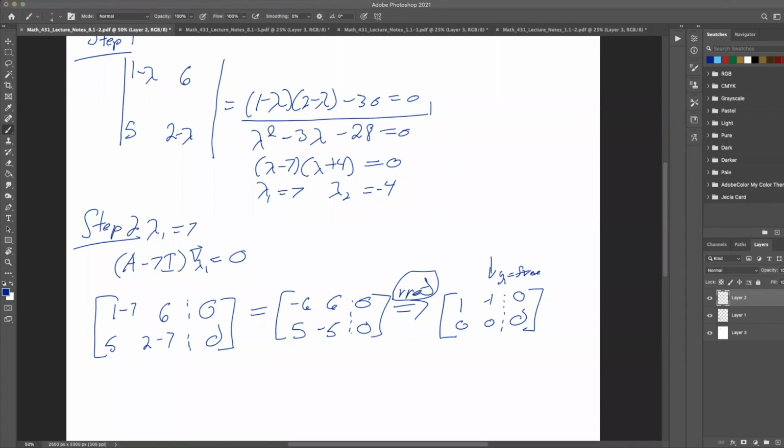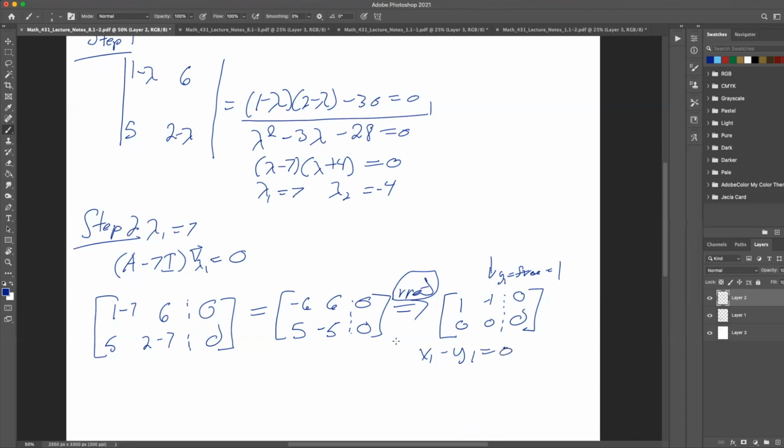I'm going to just set that equal to, in this case, I set it equal to 1, right? And so if this is 1, what must x2 be? Well, here I can write this out. This is x1 minus y1 equal to 0, right?